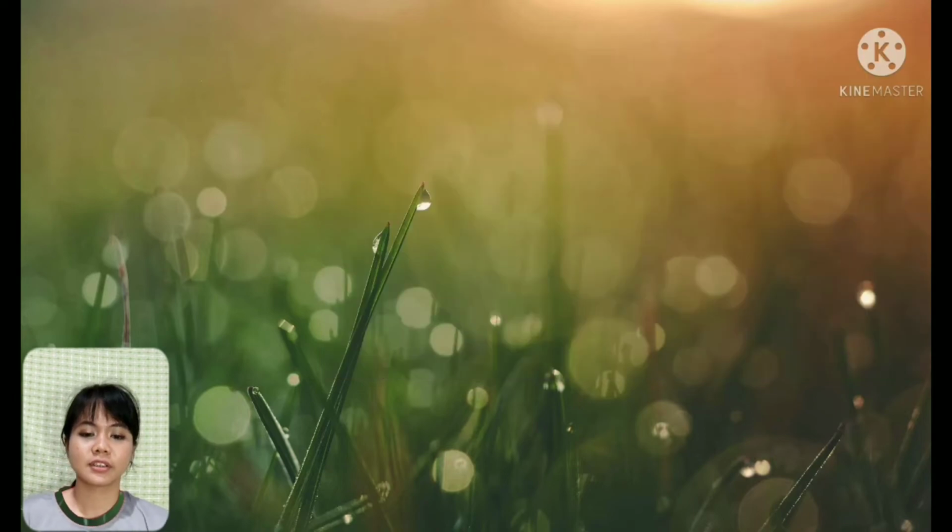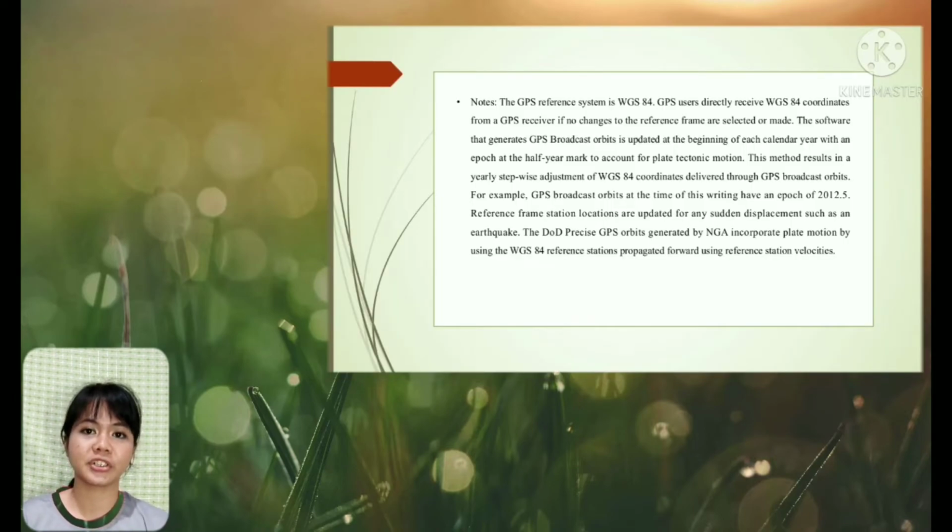So here is a short discussion about the relationship of GPS and the WGS84. The GPS reference system is WGS84. GPS users directly receive WGS84 coordinates from a GPS receiver if no changes to the reference frame are selected or made. The software that generates GPS broadcast orbits is updated at the beginning of each calendar year with an epoch at the half-year mark to account for plate tectonic motion.